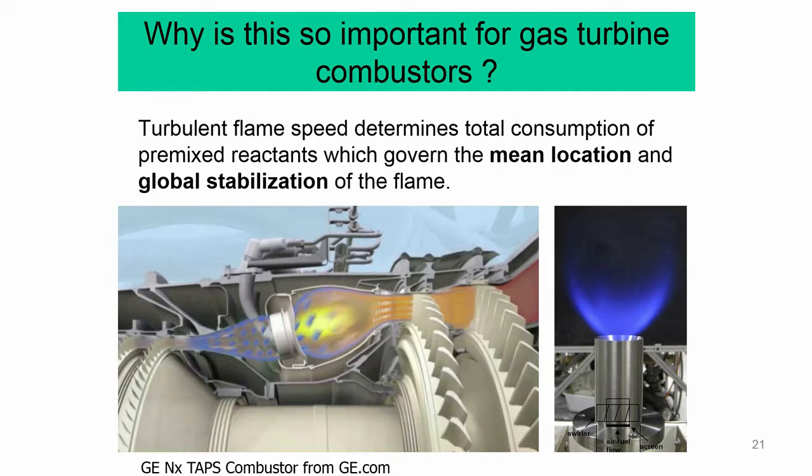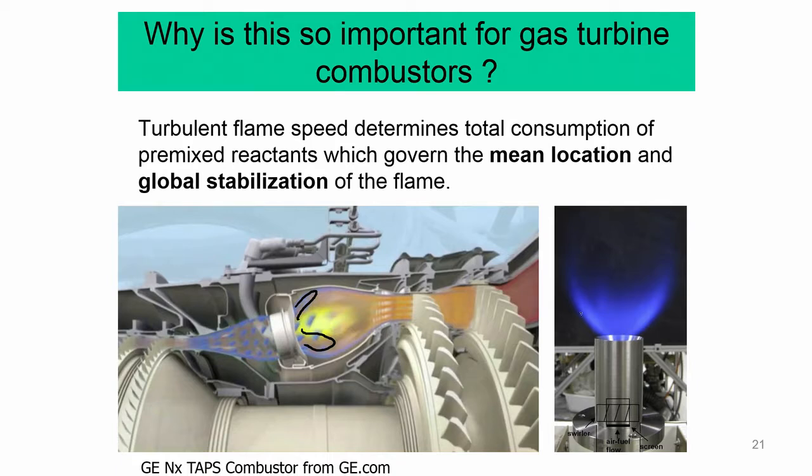Okay. So, turbulent flame speed determines the total consumption of premix reactions and governs the mean location and global stabilization of the flame. So, even in a TAPS combustor, which is a flame like this, if you have to stabilize the flame, you have to know the turbulent flame speed, so as to design this engine properly. Okay.